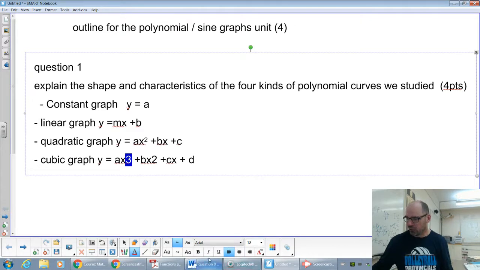So it had as many as 3 x-intercepts and also 2 turning points are possible at a max.